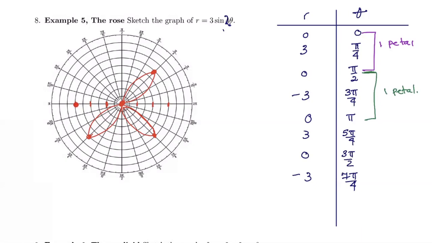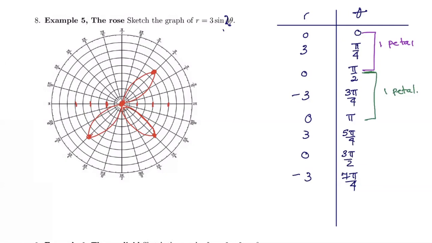So 1 pi over 4, 2 pi over 4, 3 pi over 4, 4 pi over 4, 5 pi over 4, 6 pi over 4, 7 pi over 4.